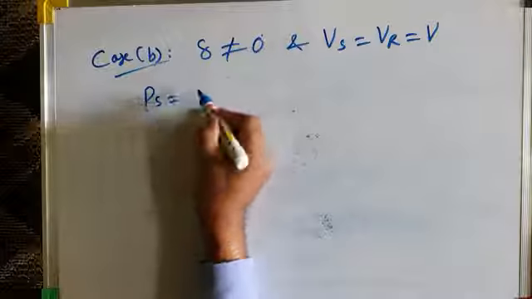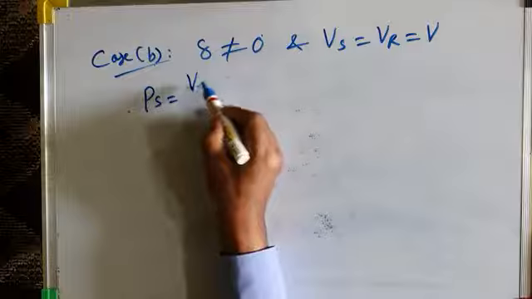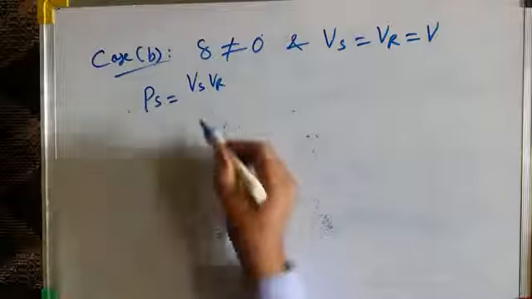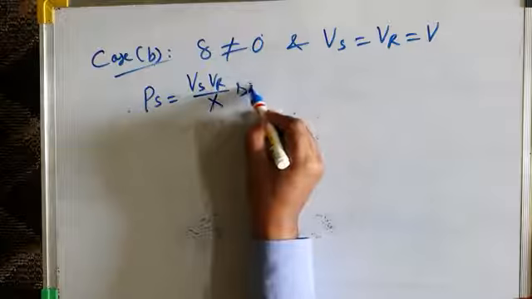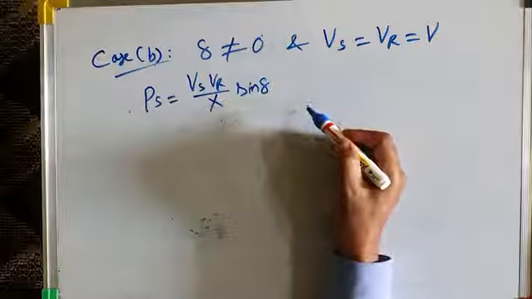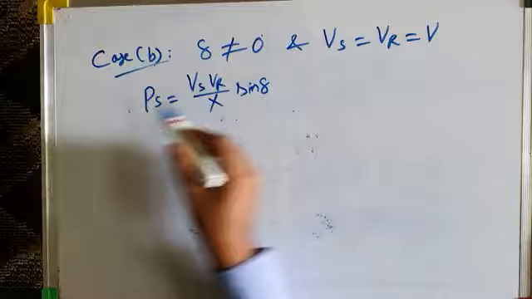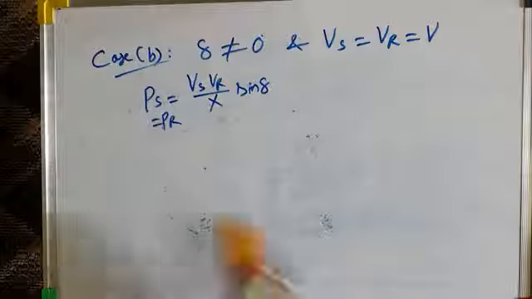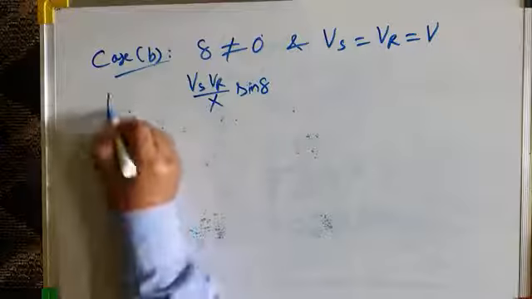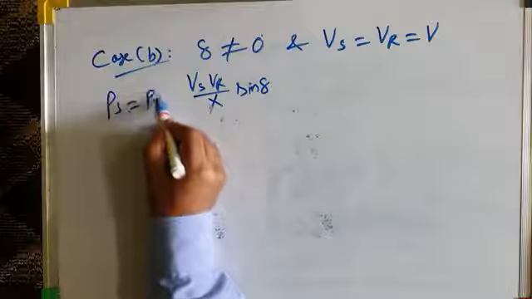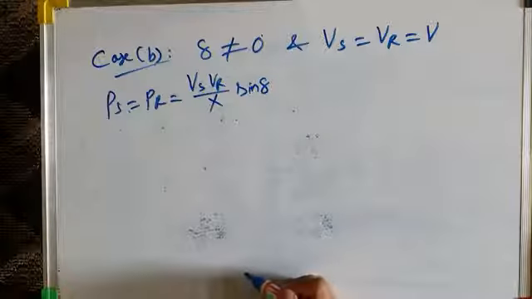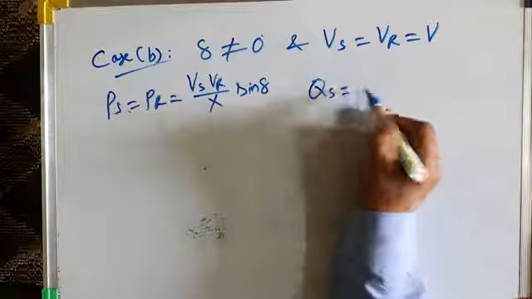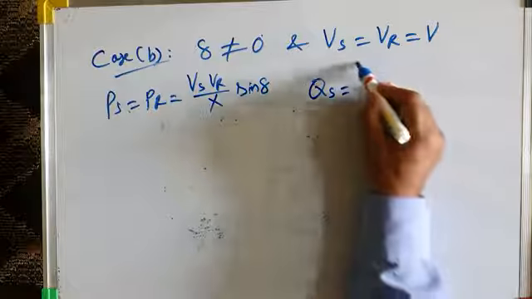If you remember, just a few moments back we derived this equation for sending end power. This is Vs Vr by X sine delta, and this is equal to the receiving end power also. Sending end power is the same as receiving end power: Vs Vr by X sine delta.